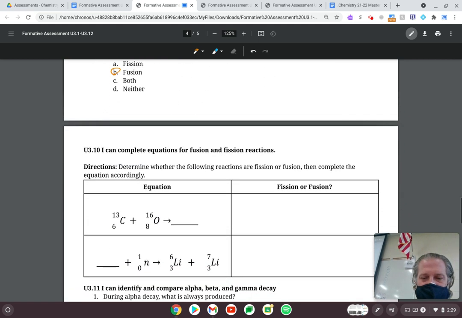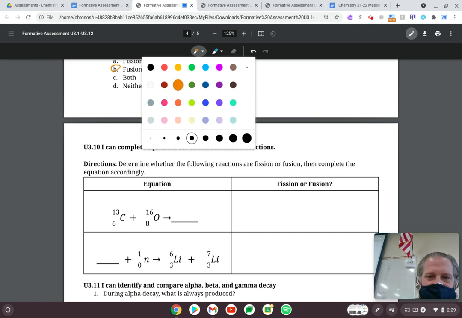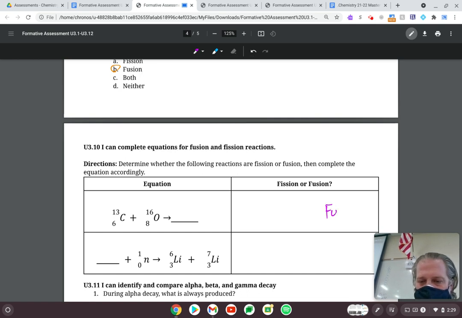Now, next one. Fission or fusion? Sounds like a game show. Welcome to Fission or Fusion. On this day, we're going to figure out which is which. The first one is fusion, though. I know that because it looks like I got 2 things combined to make 1 thing. I also remember that when I'm balancing these equations, I need to make sure that my numbers match up. So the 13 and the 16 have to equal whatever's on the other side.